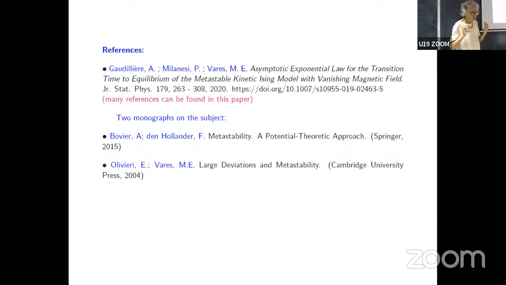When you enter with potential theoretic tools, you have a better description of the transition time. You get less information about the trajectory, and you have more on the time. So these are two different ways to see it, and I think I finish here, and thank you very much.